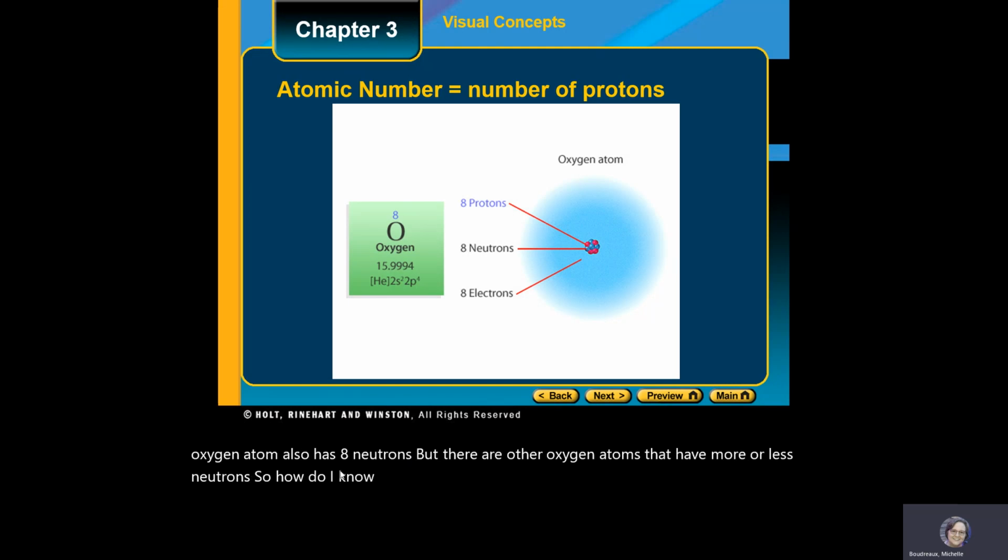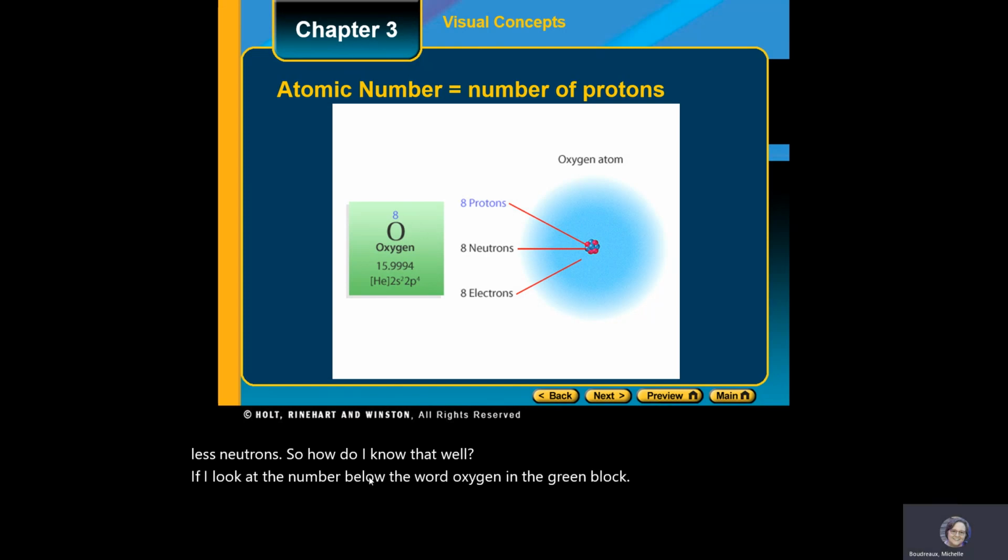Well, if I look at the number below the word oxygen in the green block, it shows me that if I add protons and neutrons together, I should get 16, but I get only 15.9994. That is the average of all the different isotopes of oxygen.